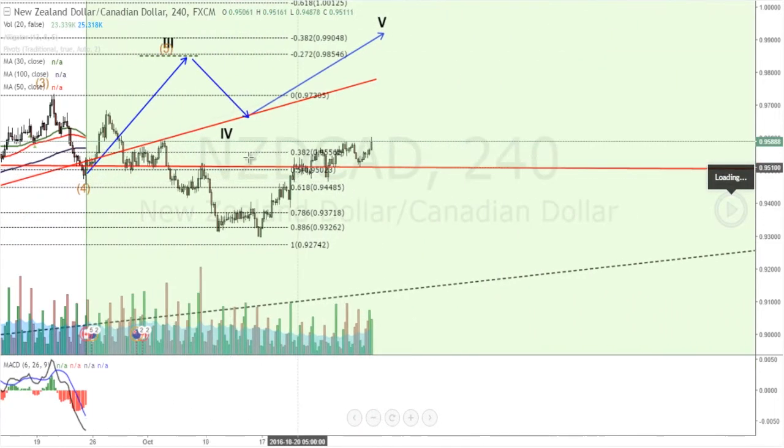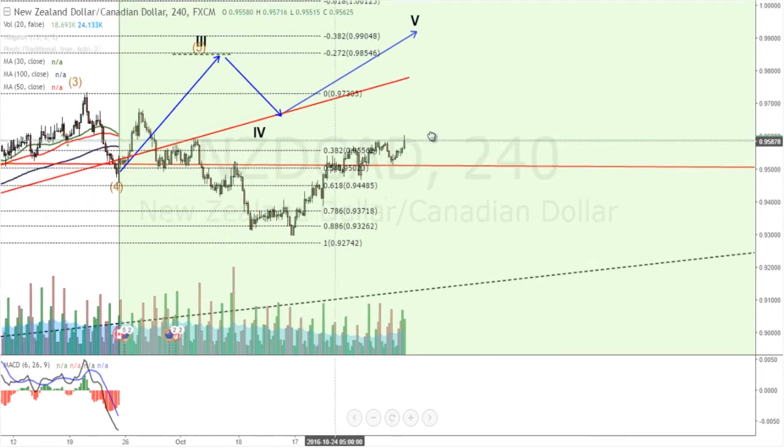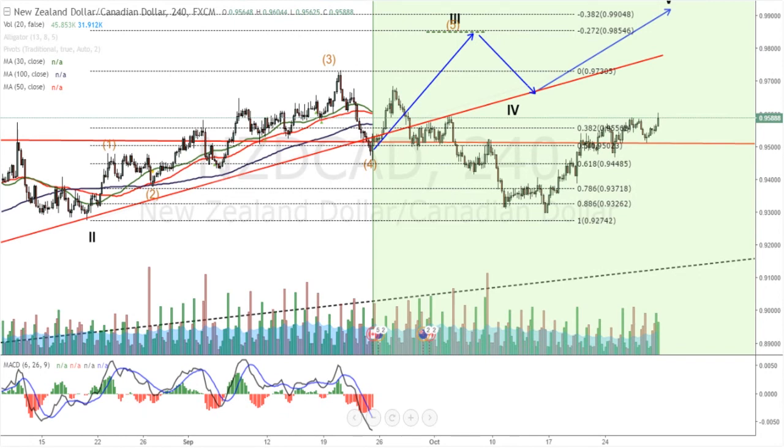I did find that this was in fact the bottom, but then I saw this channel here, and this is not an impulse, it's just a correction, it's a flag. If I move it here, and if you are into technical analysis, what you have here is a flag.